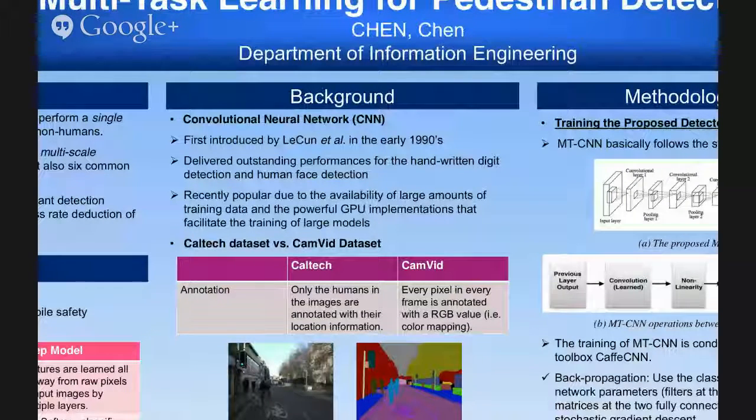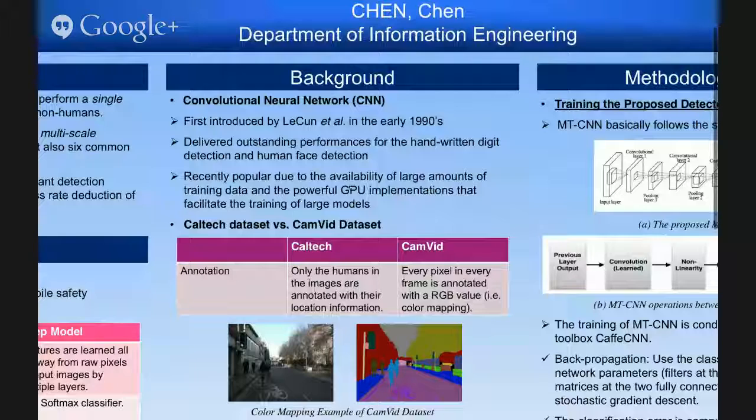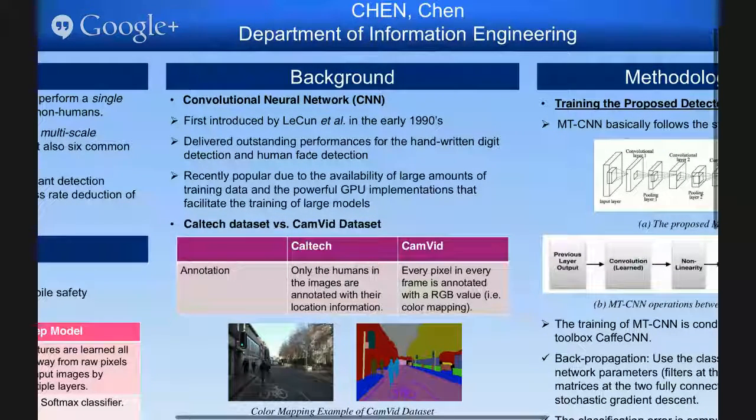CNN is convolutional neural network. It was first introduced by Chen in the early 90s, and at the early stage, it has already delivered outstanding performances for the handwritten digital detection and human face detection.